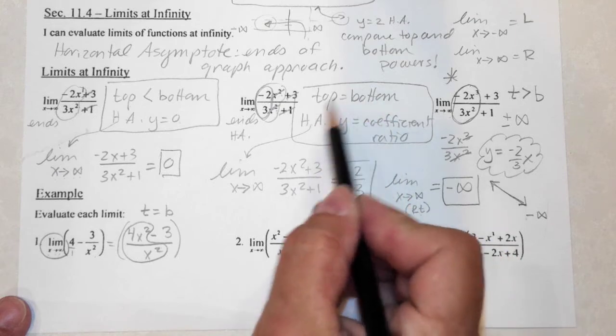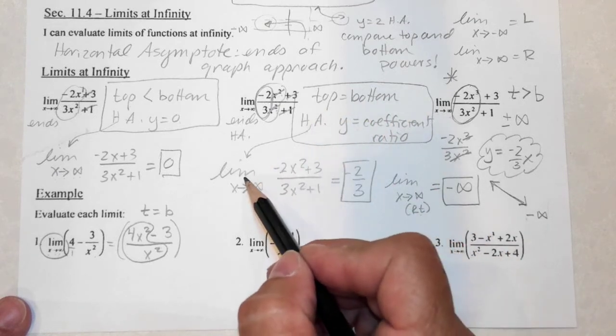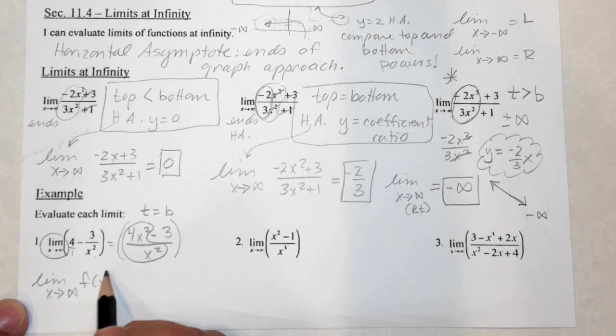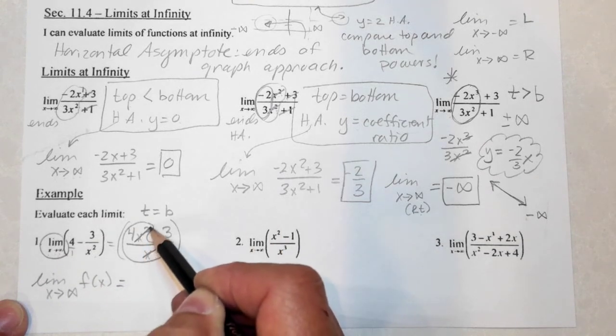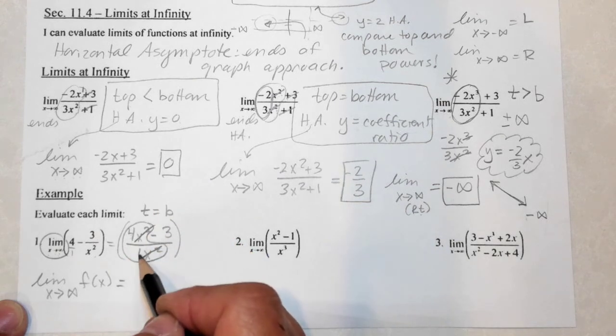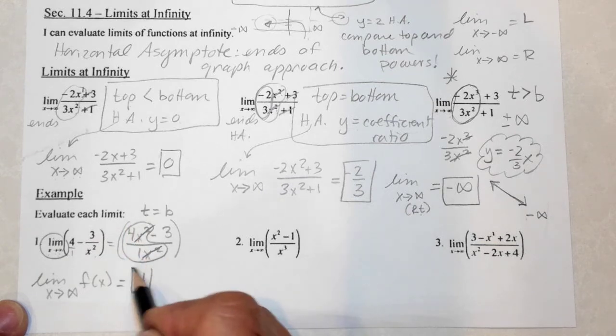When I'm in the second scenario, my horizontal asymptote, and therefore my limit as x approaches infinity of this function, would be the coefficient ratio, because these x squareds cancel each other out basically, and my coefficient would be a 4 over the 1 that's not really written there. So 4 over 1 means this has a limit of 4.